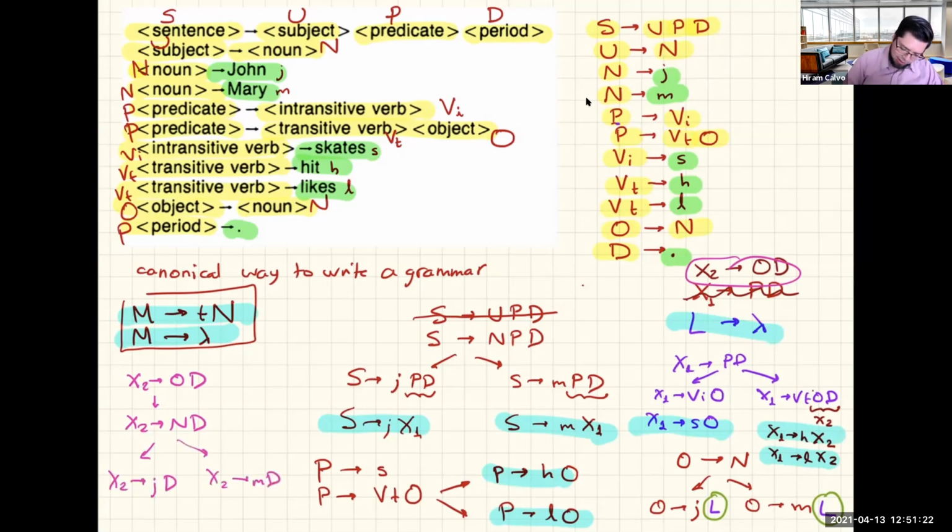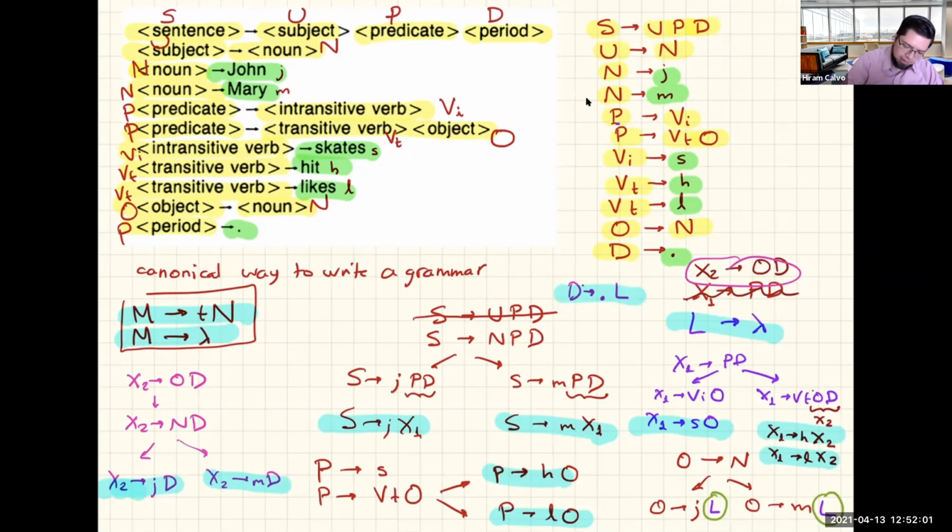Now we have these two rules that comply with this format. Now there is only one last, which is this D. Remember what happened when we have a symbol by its own, we can add this one. So we will rewrite this last one as D dot L. And now it complies. Why? Because it's a terminal followed by a non-terminal. And this is it. We have converted this grammar into a canonical way.